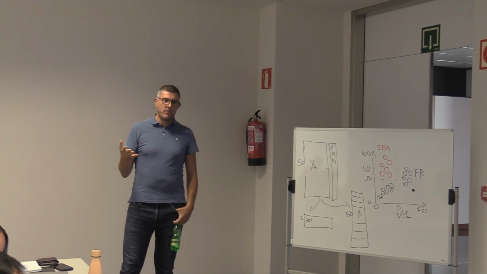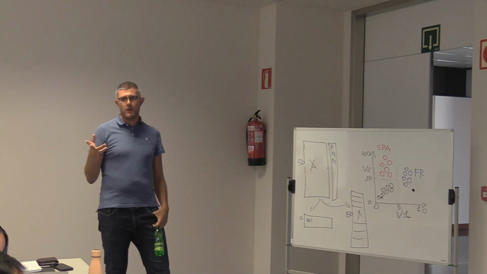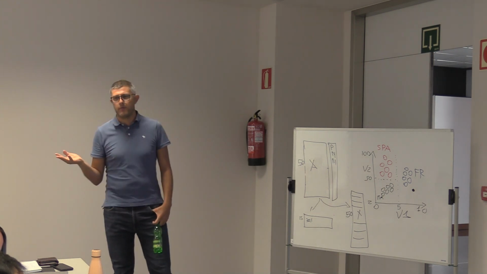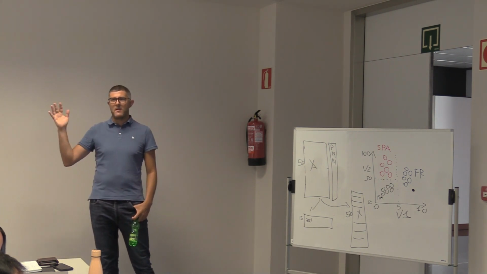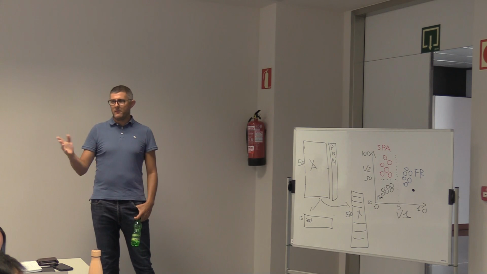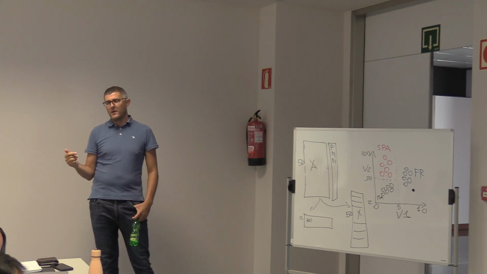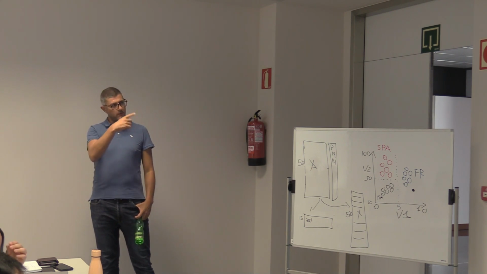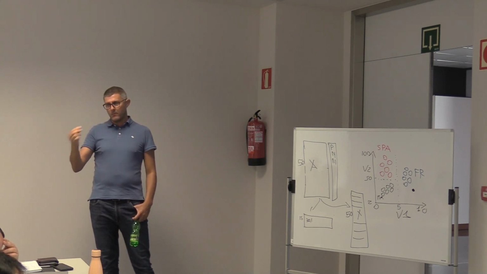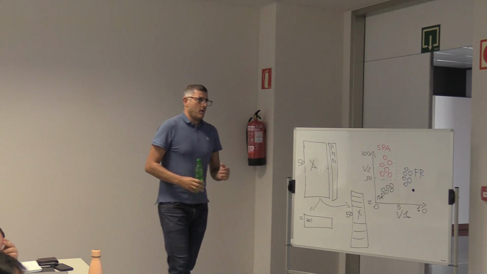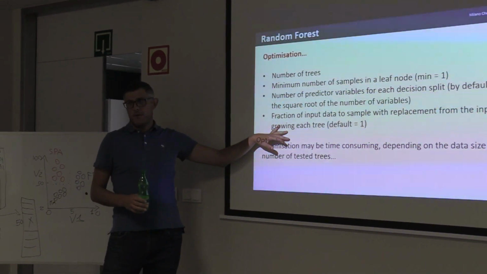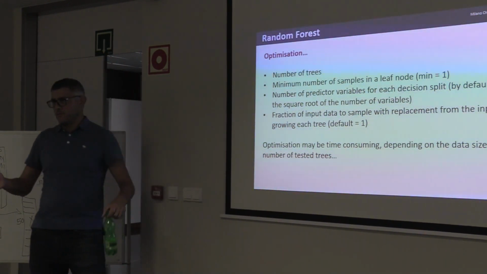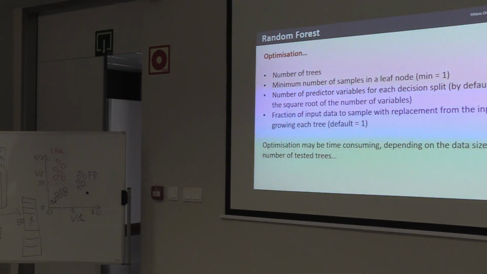So on my laptop, I was doing some trials last week, and for an average data set, like 500 samples, 20 variables, 50 variables, yeah, it required 1 hour, 2 hours, okay, to do all this optimization. Because if you don't know how to do that, the best thing is to try, okay?